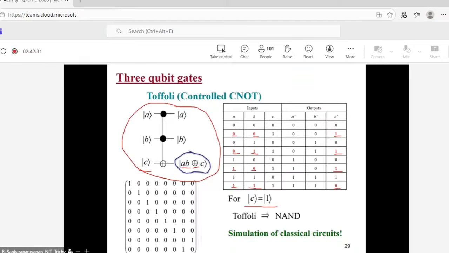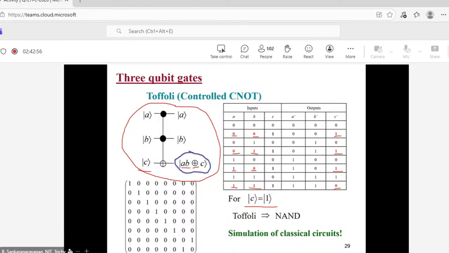Okay, so having given an introduction on quantum mechanics, and the introduction to qubits and the gates, I just want to convey a few important success stories in the development of algorithms using quantum mechanics.